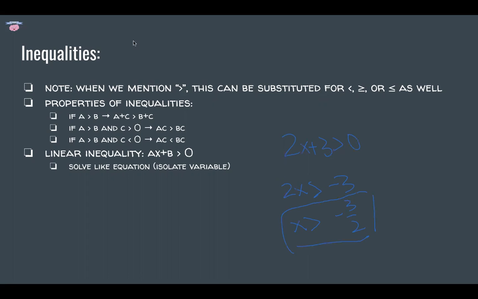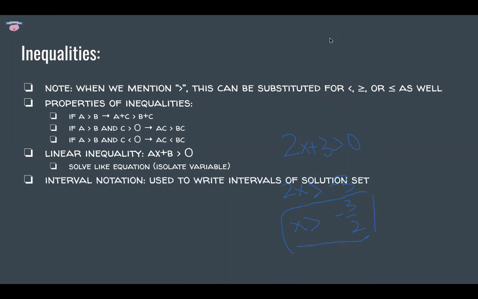But there's another way we can write this: interval notation. You can use it to write intervals as solution sets. So an open interval is written like this. For example, we said that x was greater than -3/2.